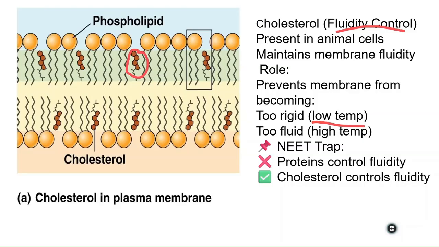Now the cholesterol embedded in the plasma membrane, when the temperature is low, will not allow the plasma membrane to become too rigid. It will maintain its fluidity, or its quasi nature. And when the temperature is high, the cholesterol will not allow the plasma membrane to become too fluid. So you see, this is very important, how cholesterol controls the fluidity, right?